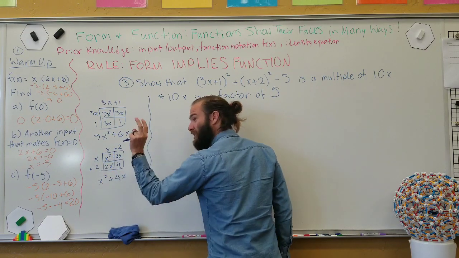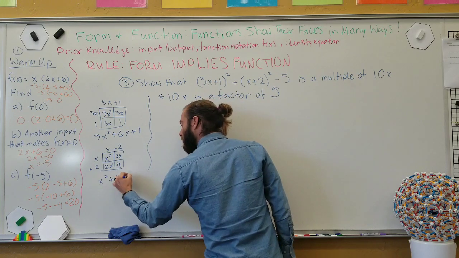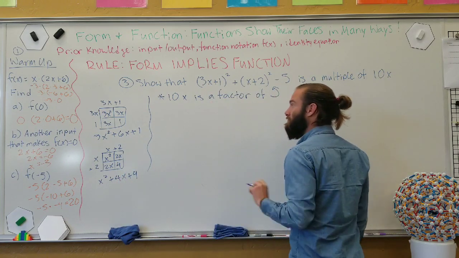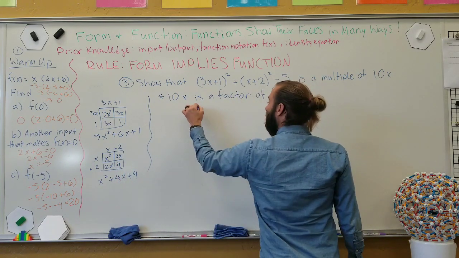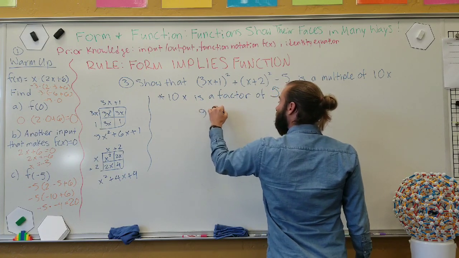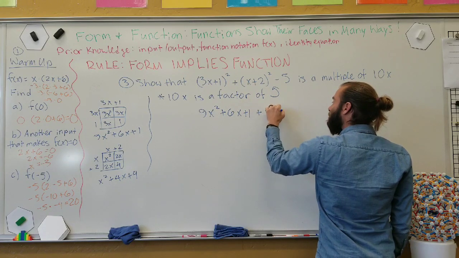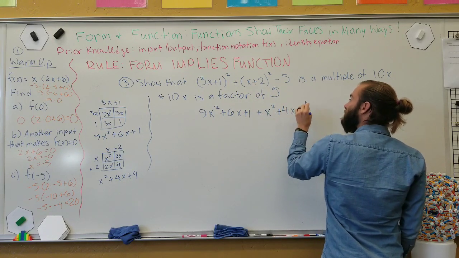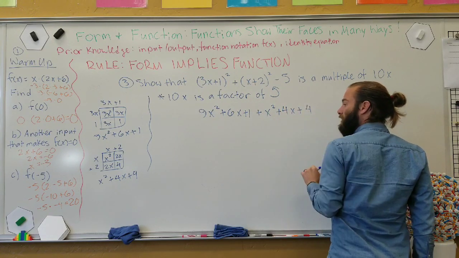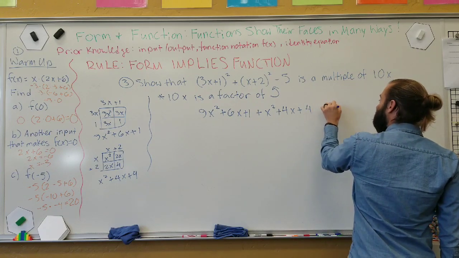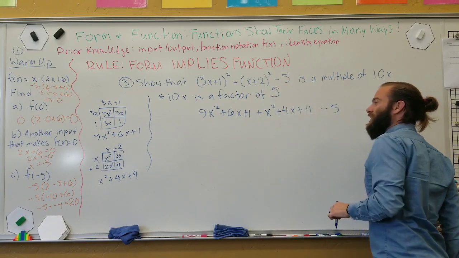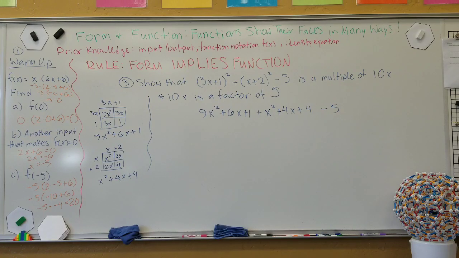Remember, we're adding all the areas together. Plus 4. So let's do this now. I get 9x squared plus 6x plus 1 plus x squared plus 4x plus 4, and then minus 5 at the end. Don't forget this, minus 5 all by his lonesome there.